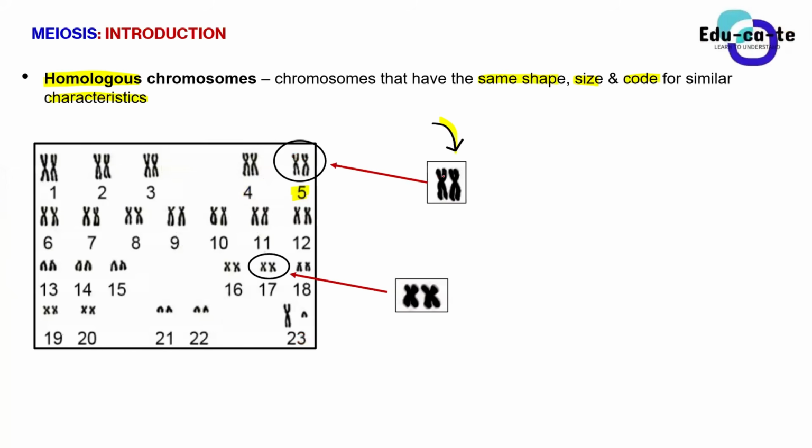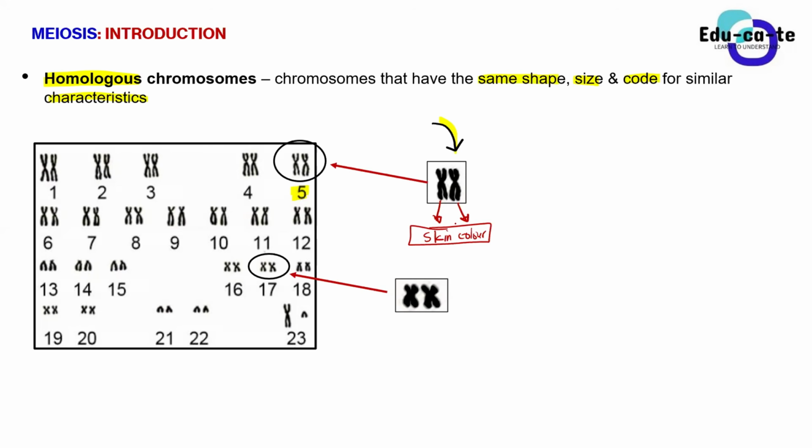For example, if this chromosome here is controlling the skin color, causing you to have black skin color, that's from your father's side. And this other one is coding for light skin color or yellow skin color. You see that both of them are coding for what? For the skin color, they are both controlling your skin color.